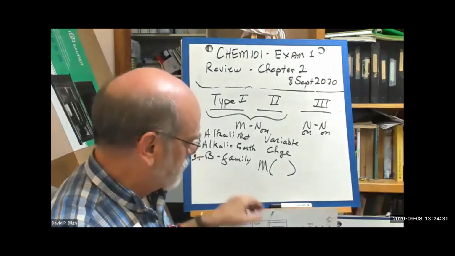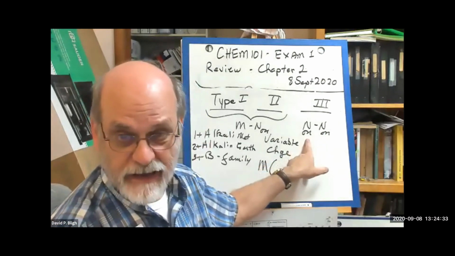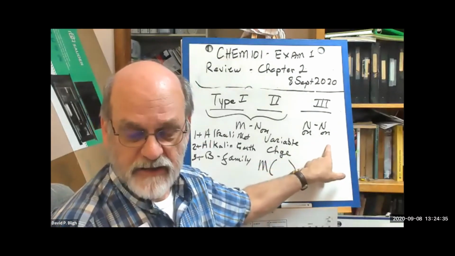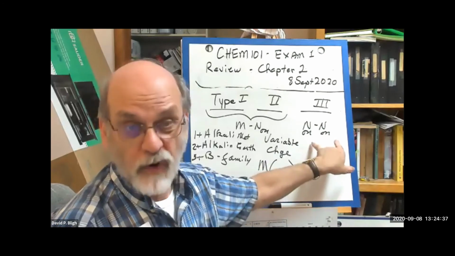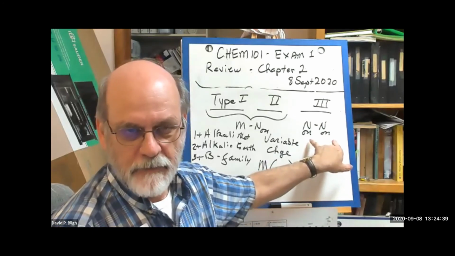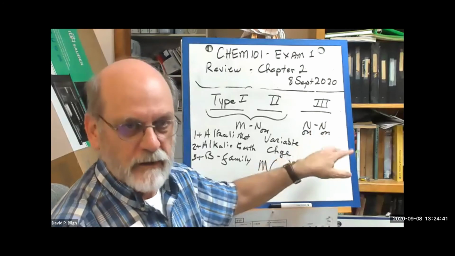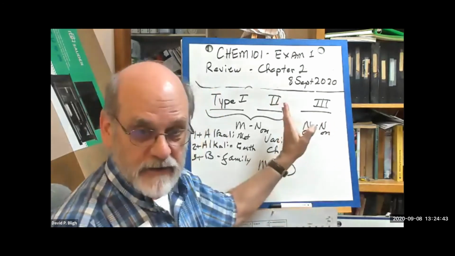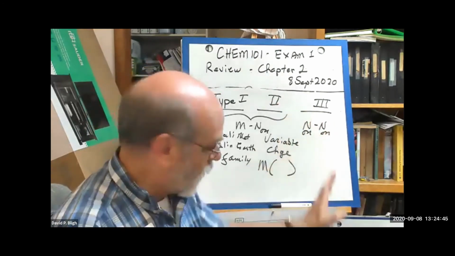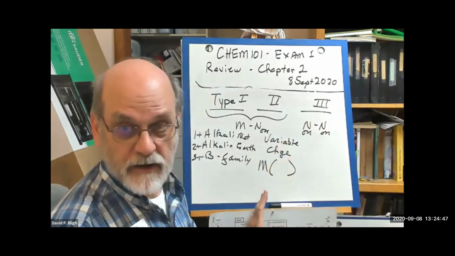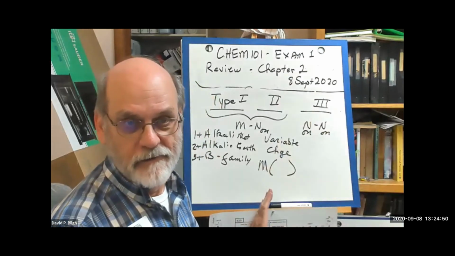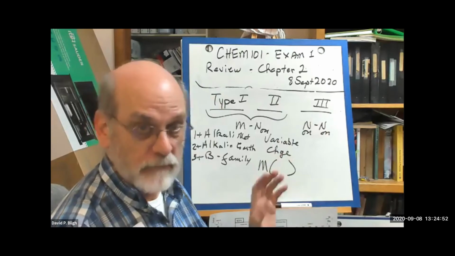The first one takes the place of the metal, and the second one takes the place of the nonmetal, even though they're both nonmetals. So how do you tell which is which? Most of the time, the one on the left is also the one on the left on the periodic chart. Most often. Not always, but most.